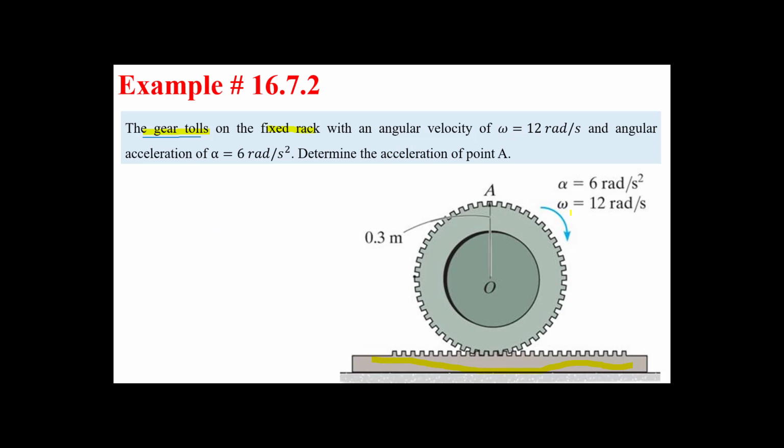So omega is given, clockwise, sorry. And angular acceleration, again in the same direction. Determine the acceleration of point A. So we need to find the acceleration of A, which is unknown.